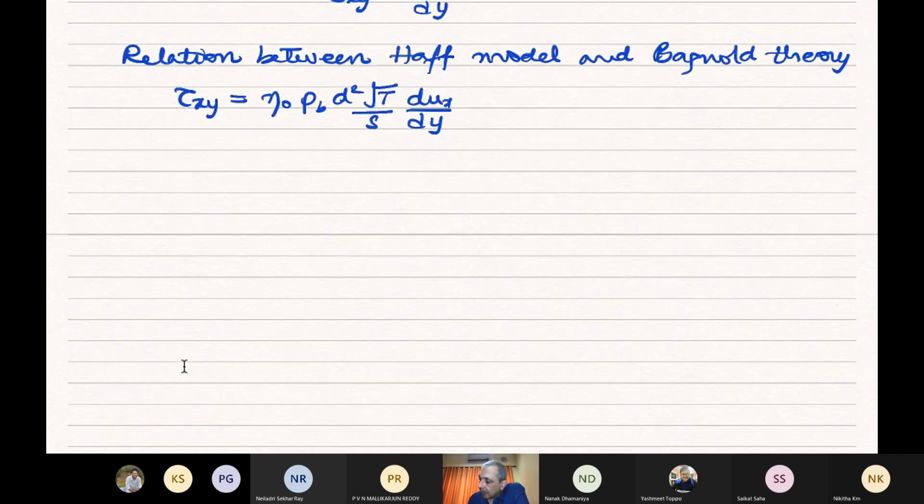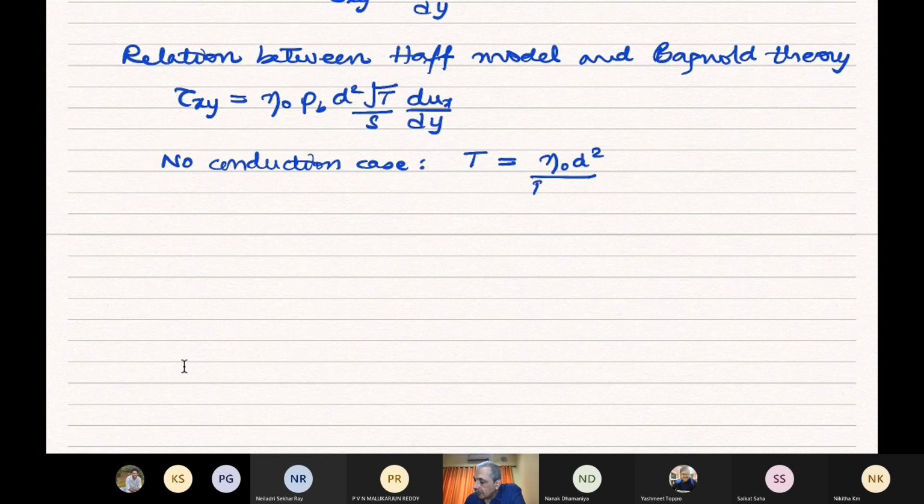Now, for the case of no conduction, your temperature is simply given as, we just found this out, eta 0 t squared gamma dot squared, or d squared divided by I0 into 1 minus e squared times dux by dy whole squared.